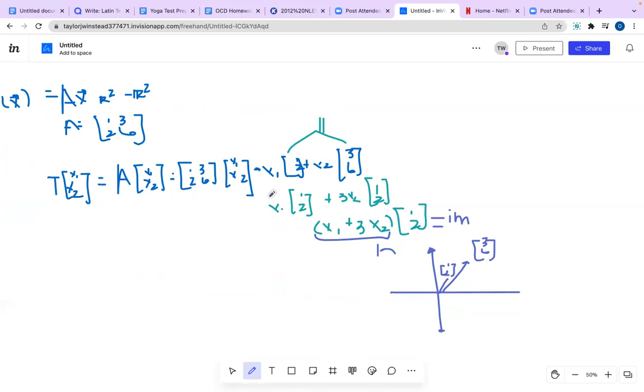The point is you split the matrix into its columns. You multiply that times the scalars, or the different components of your x vector. And the image becomes the plane that is spanned by the vectors that you've split it up into. And of course, you also have to take into account that it's the span of these vectors. In other words, any scalar multiple times these vectors falls on that plane.